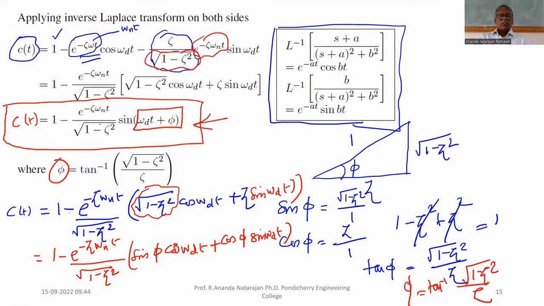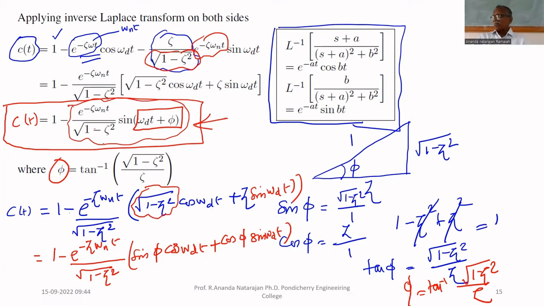If you put t equal to 0, sin phi equals square root of 1 minus zeta square, these two cancel, and the entire term becomes 1.